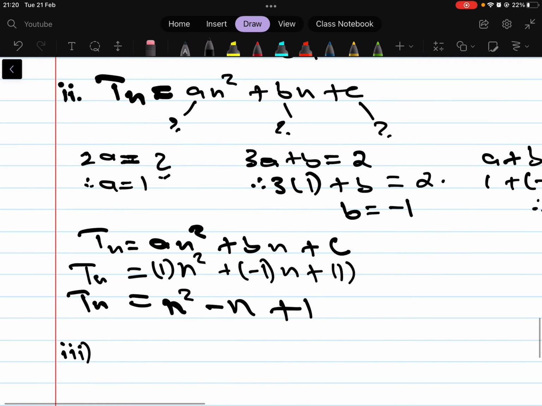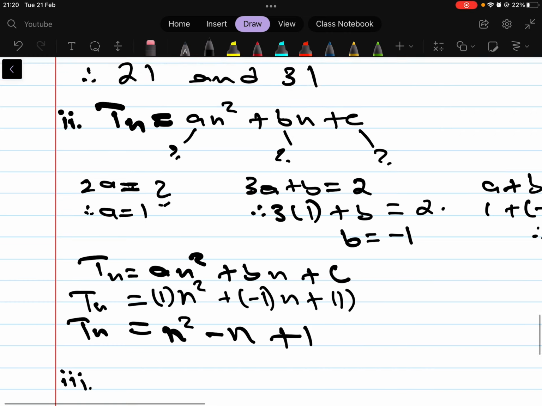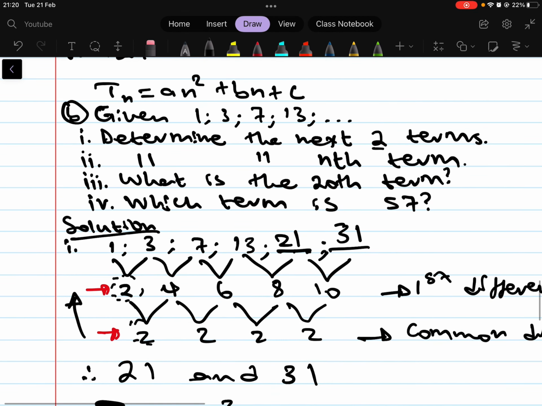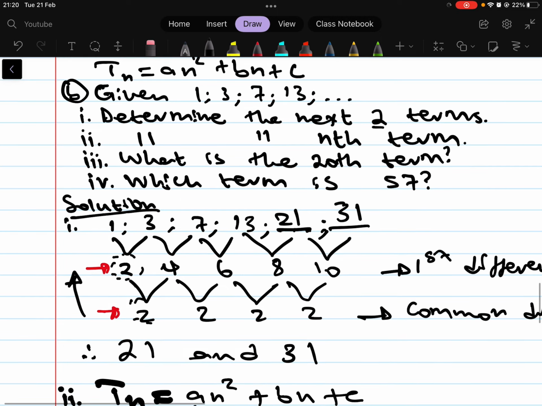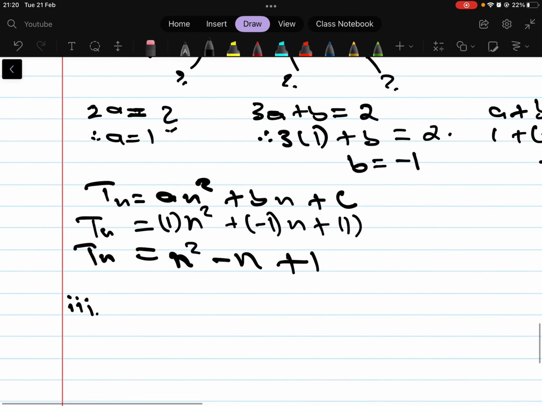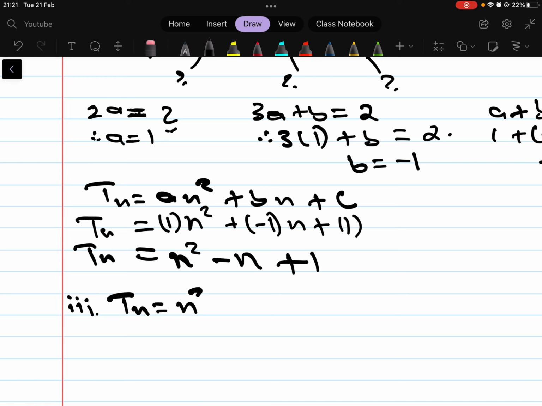Okay, let me just be consistent and use what I've been using. The third part of the question says, what is the 20th term? That is basically term number 20. The nth term is term n. Now we are looking at the 20th term. We have the general formula to determine the value of each term.